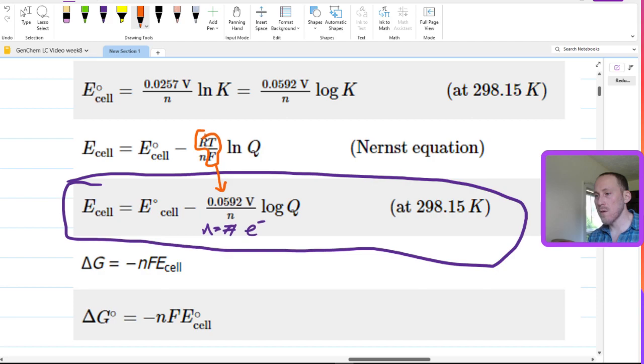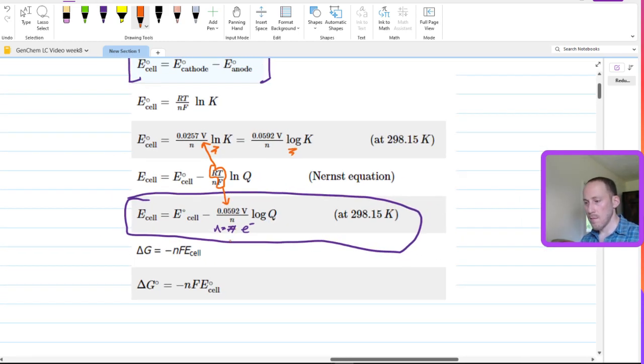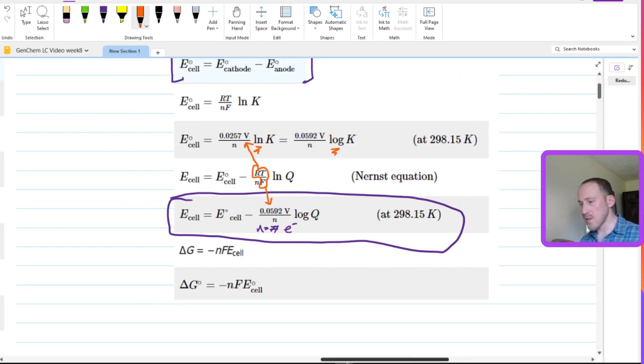This also could go that way if you want to use natural log instead of log. I like log better for whatever reason. So we're going to use the log version. I think it often is simpler to do this. So 0.0592 log Q. Okay.